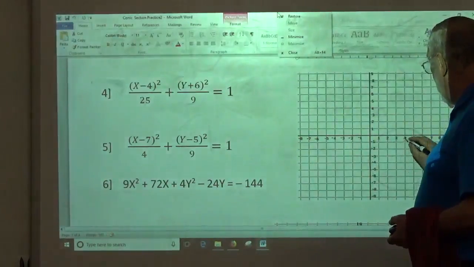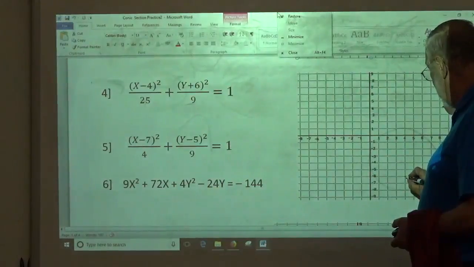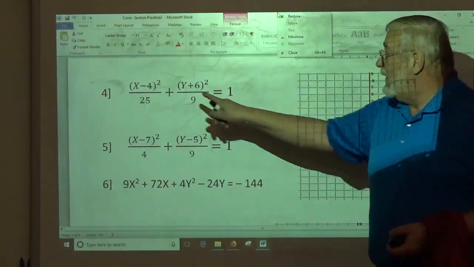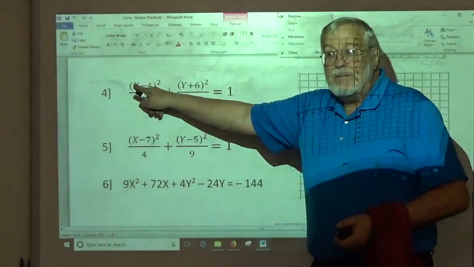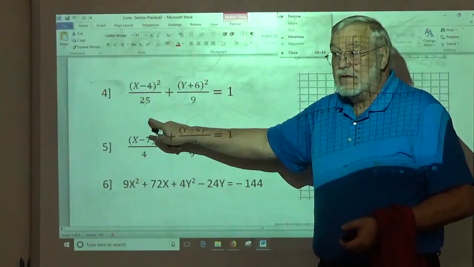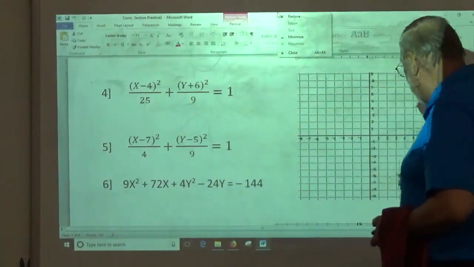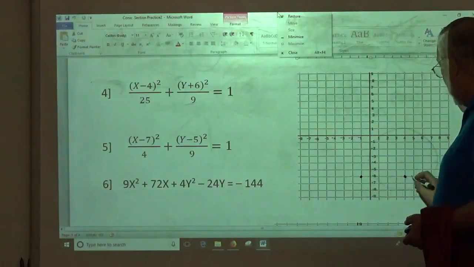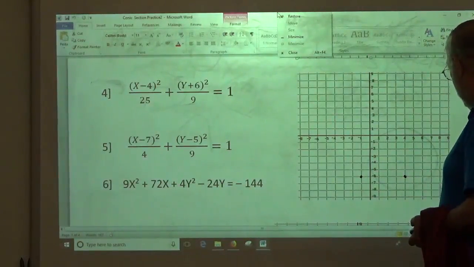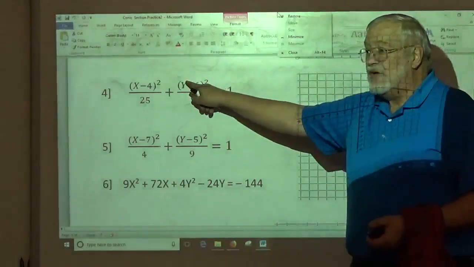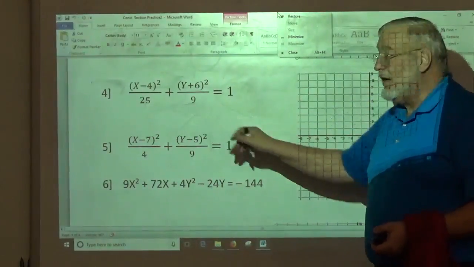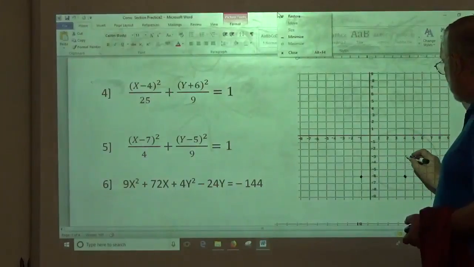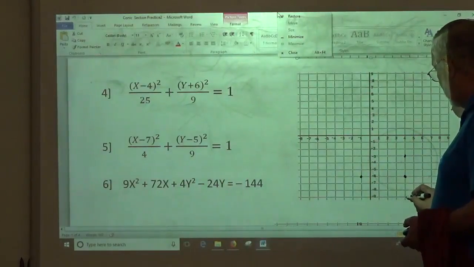So at 4, -6 is here. Okay, now, the x direction, I'm going to have an axis of how long? 5 in each direction. 1, 2, 3, 4, 5. And 1, 2, 3, 4, 5. My y is going to go how far? 3. 3 in each direction. 1, 2, 3, and 1, 2, 3.